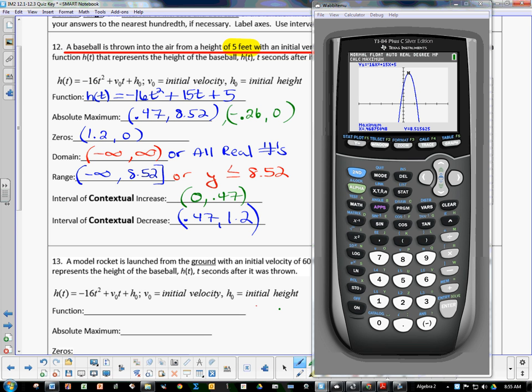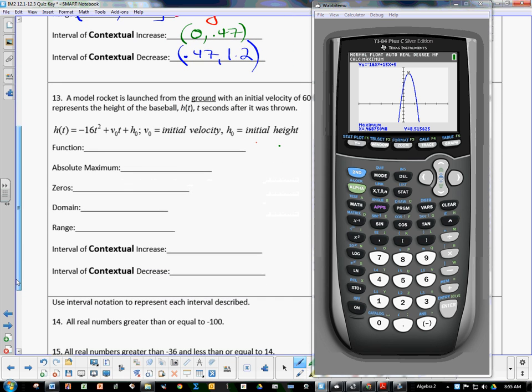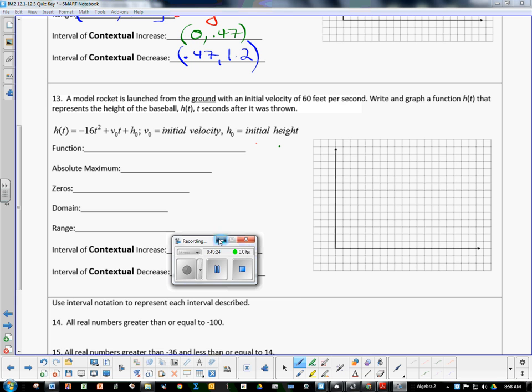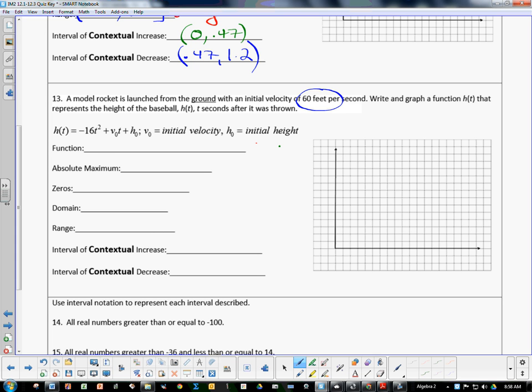Very good. So we write 0 there because our initial height is from the ground, right? 0. I hope that makes sense.